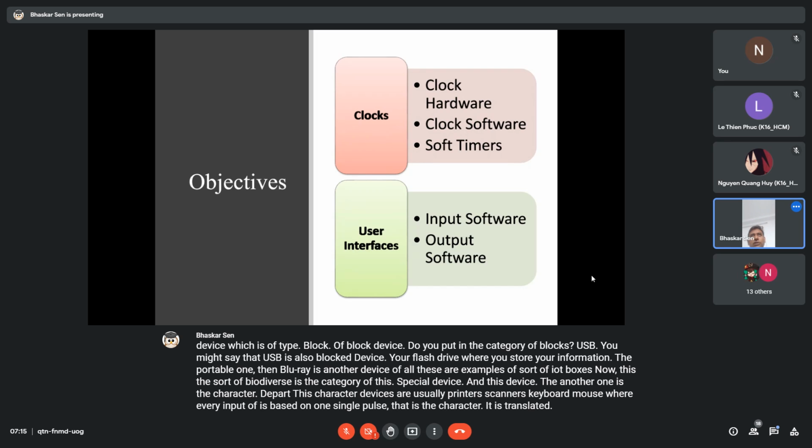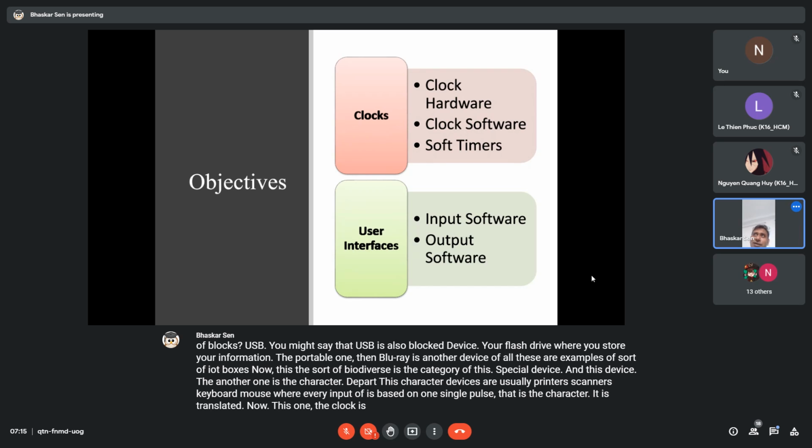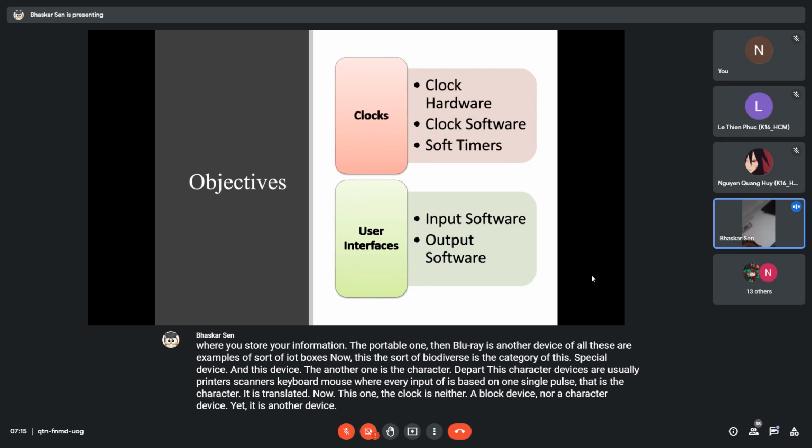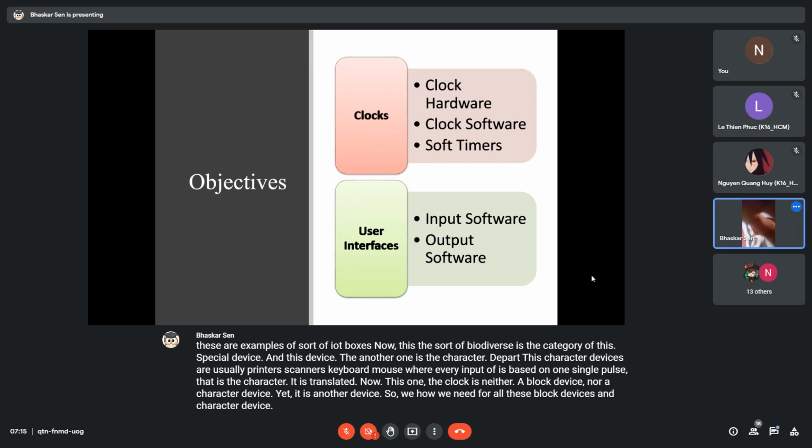Now, this one, the clock, is neither a block device nor a character device. Yet it is an I/O device. So for all these block devices and character devices, we need software, and that is usually the driver.